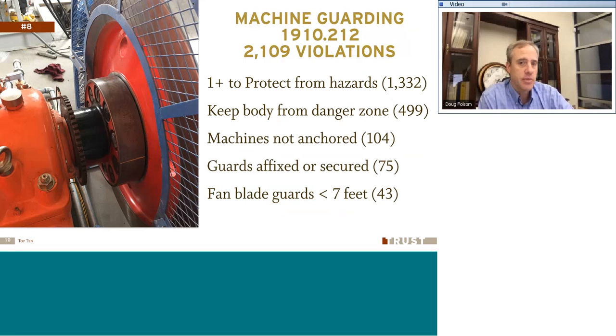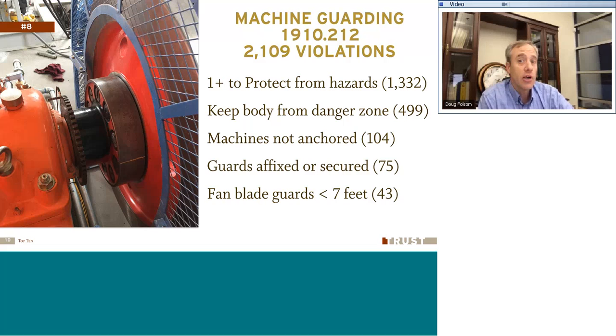Not having a system in place to keep body or body parts out of a danger zone on equipment where someone could get entangled or crushed by a piece of equipment. Not having machinery properly anchored, where the machinery could walk or tip, is another common violation in the machine guarding standard. Not having the guards securely affixed.